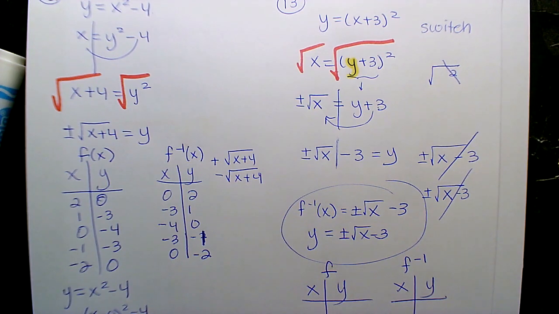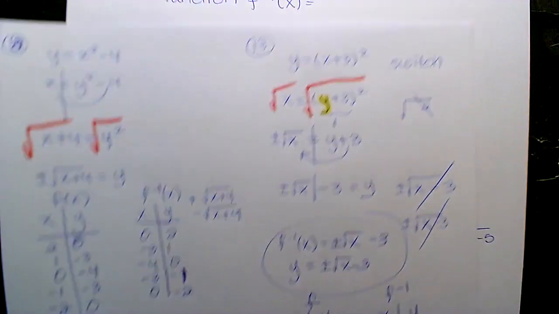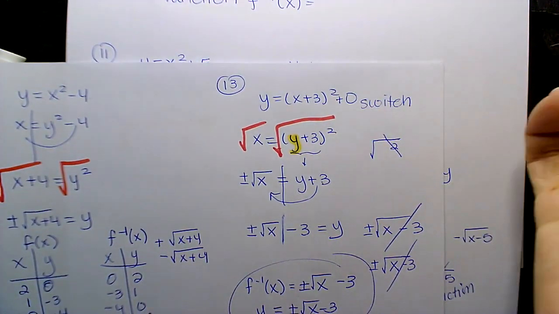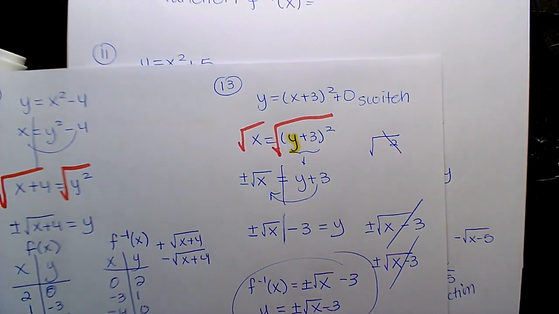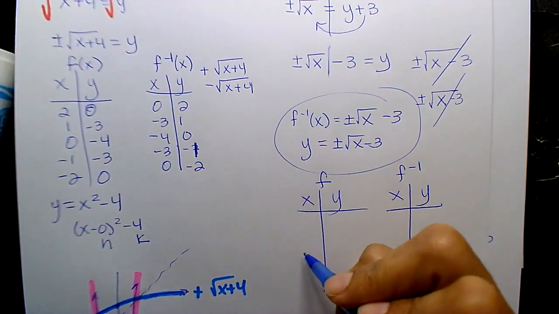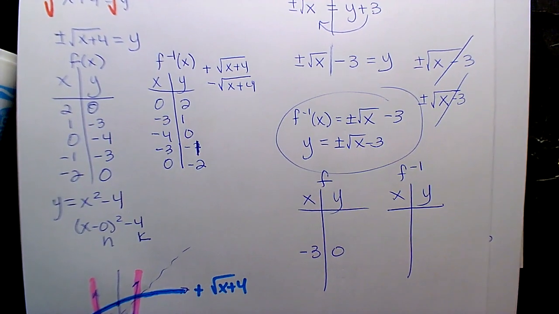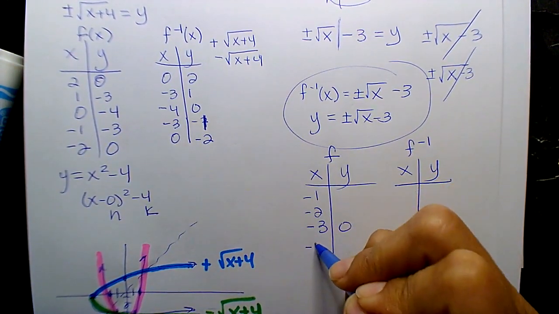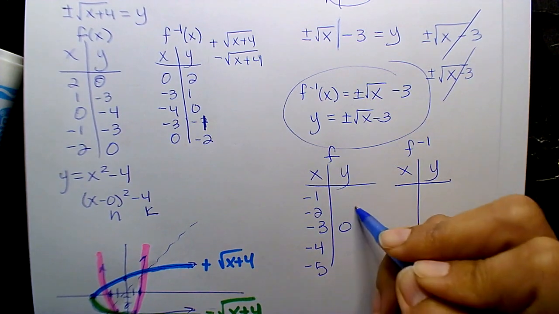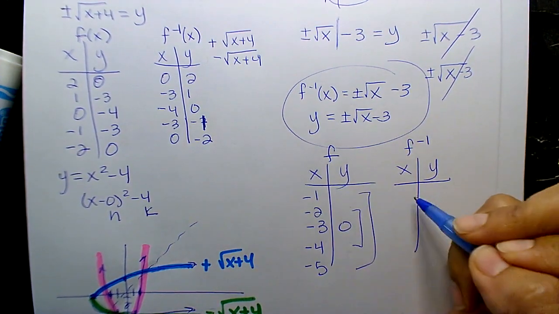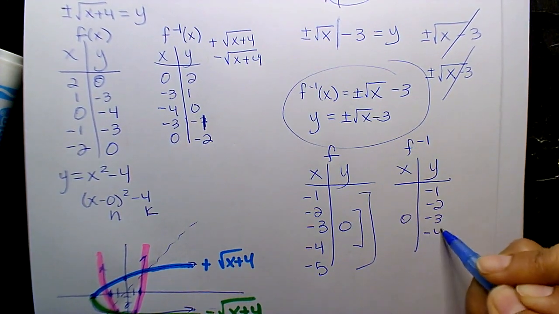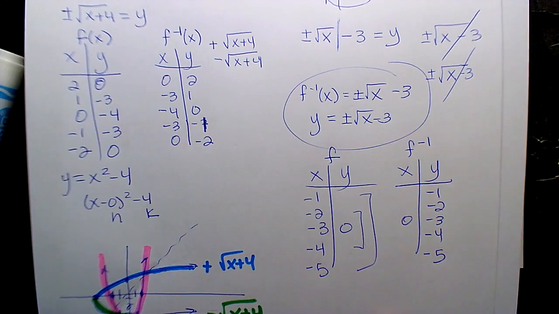So remember, you see this, but it's really plus 0, right? Okay, so my vertex is -3, 0, right? And so now go -2, -1, -4, -5. Find those numbers, and then obviously it's just gonna be switched when you come over here and you plot them. Yeah?